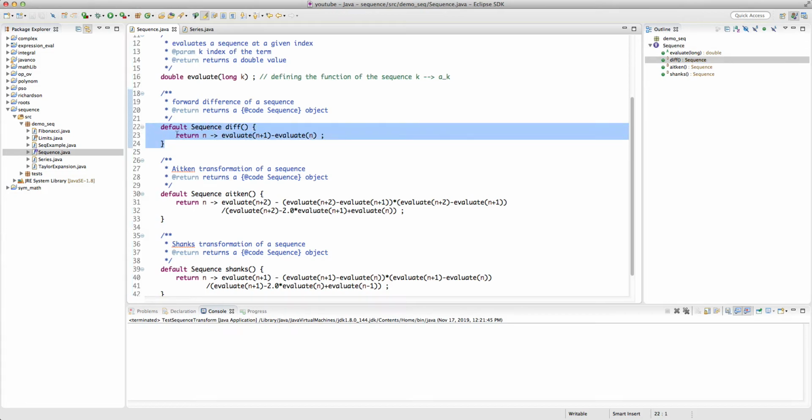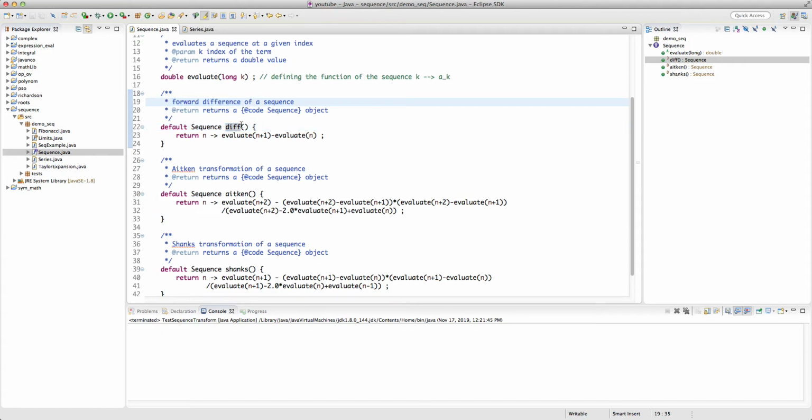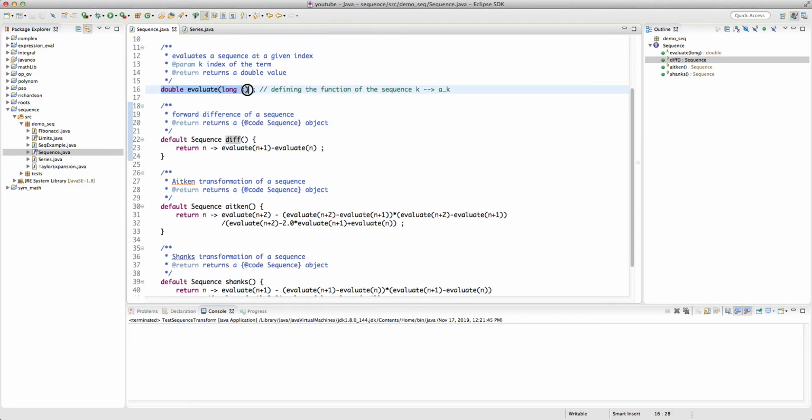So what I've done here, I've added a default method, and the return type is a sequence, because when I apply the difference, the difference is like a sequence transformation, right? The forward difference, and it has to return a new sequence, right? And the good thing here is that having this single public abstract method allows me to write it in a very convenient way using a lambda expression.